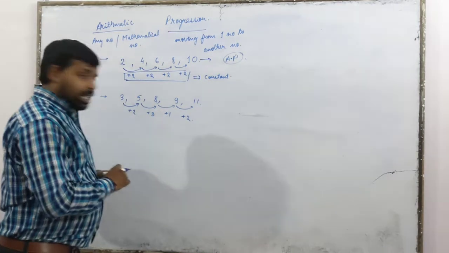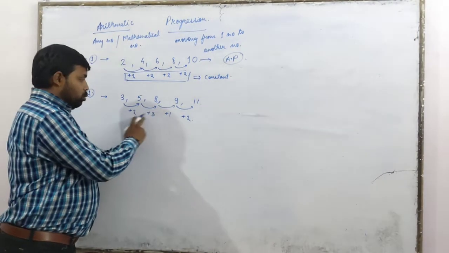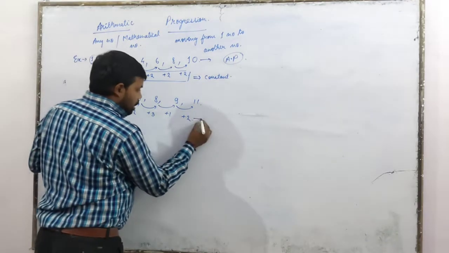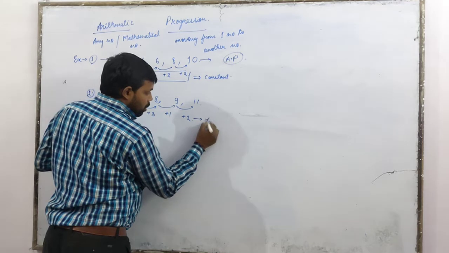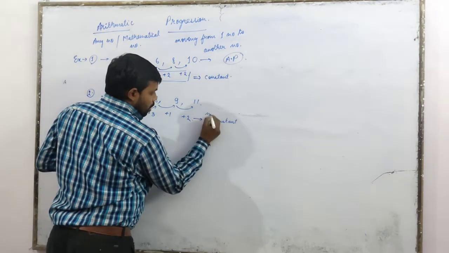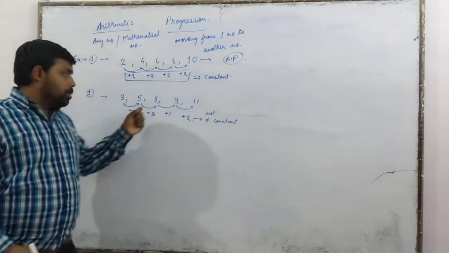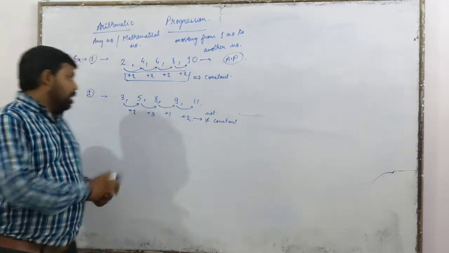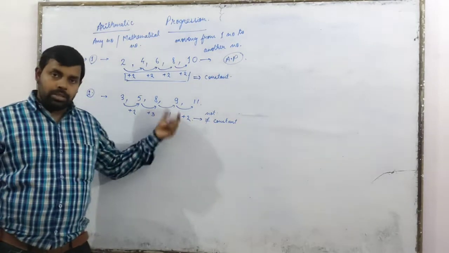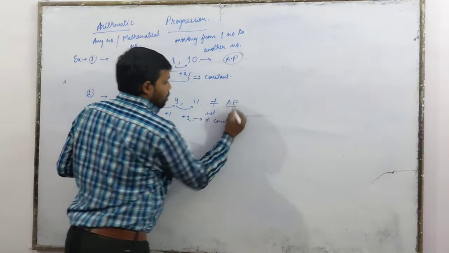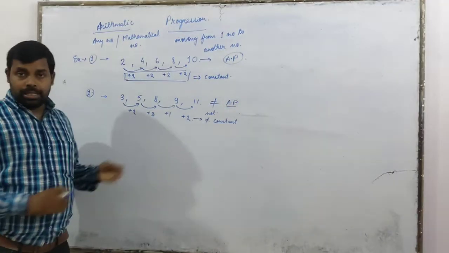So here you see the differences between the numbers are 2, 3, 1 and 2. It's changing every time, so this difference is not constant. Whenever the difference between the numbers in a particular series or set is not constant, then that set of numbers is said to be not in AP. Clear? I hope this is clear.